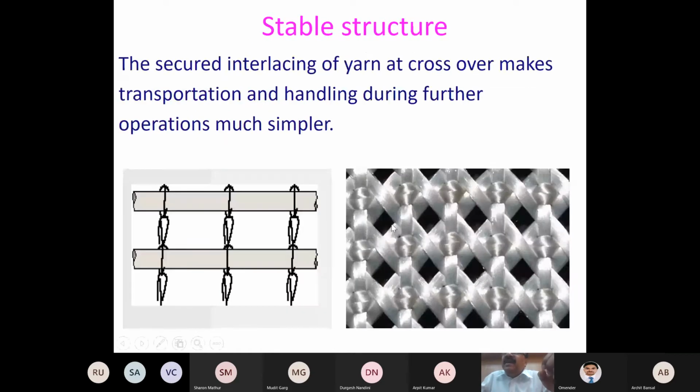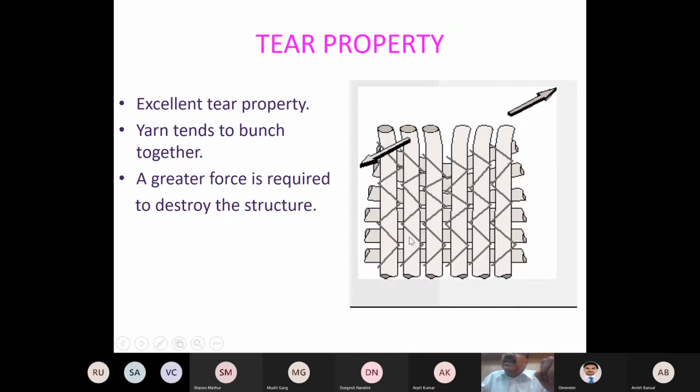In this fabric, you take any point, you will find not just 2 threads like conventional fabric. Here, everywhere you will find 4 threads. So the strength at any point is doubled. And not only 4 threads together, but also the way they are interlaced, the binding force at any crossover point gives enough resistance to tearing load. That's why the fabric gives high tearing strength.